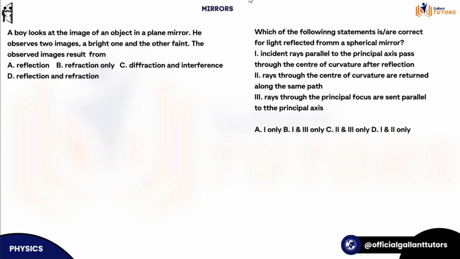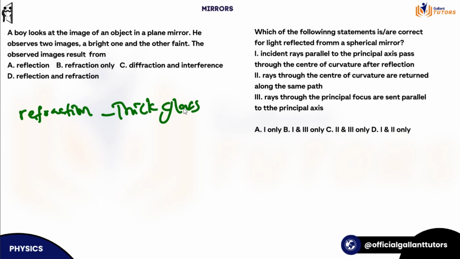Now there's something called refraction, which is the bending of light. Refraction can occur in thick glass. And when this refraction occurs in thick glass, we actually see multiple images in a haphazard manner.